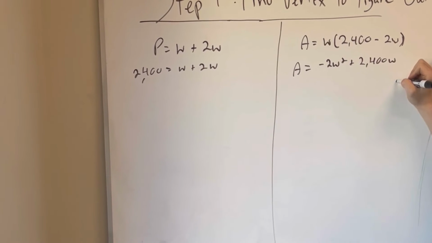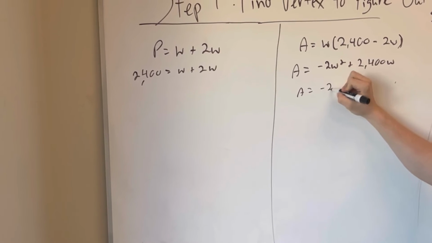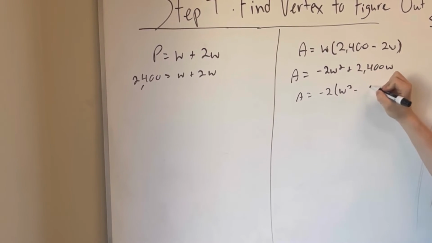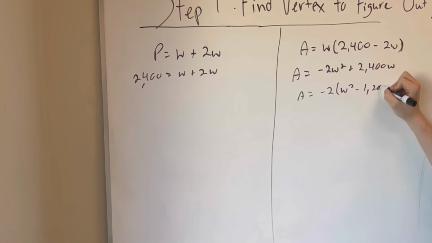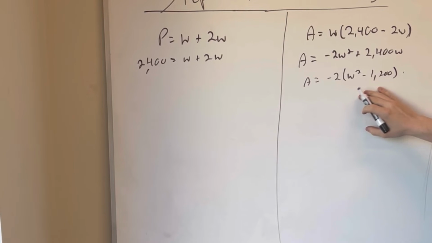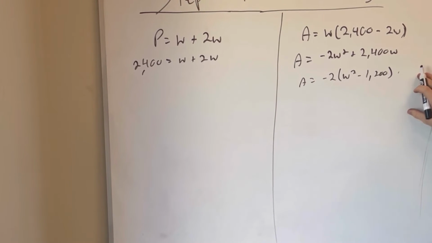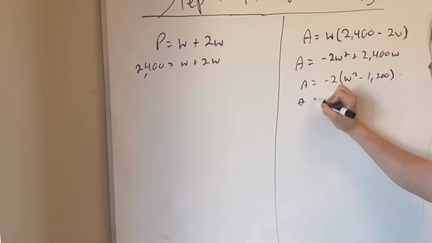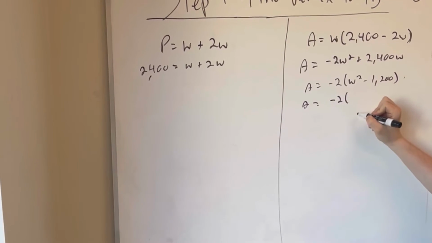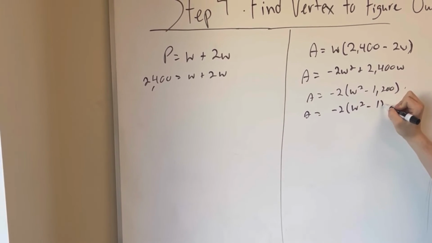Now to find the vertex, we're going to have to pull out the negative 2, and we're going to get W squared minus 1,200. Then to find the vertex, we're going to complete the square to get the other end, the maximum area, which will appear over here. So we're going to get A equals negative 2 times W squared minus 1,200.